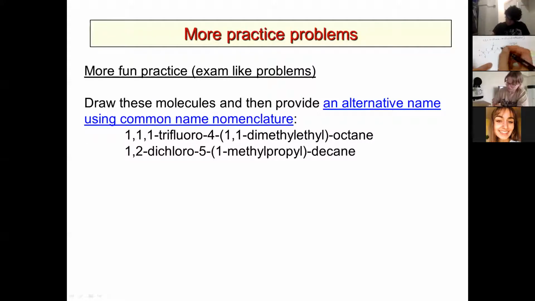So it's 1,1,1-trifluoro, because we may have to alphabetize these, and if we have them listed, it's easy to re-alphabetize them. And then what's on carbon 4? It's a tert-butyl. Tert-butyl, got it?